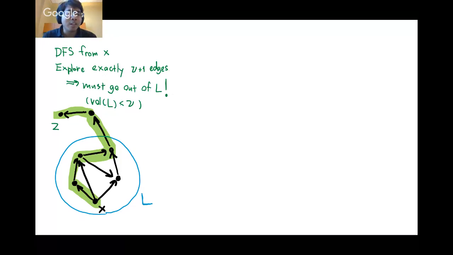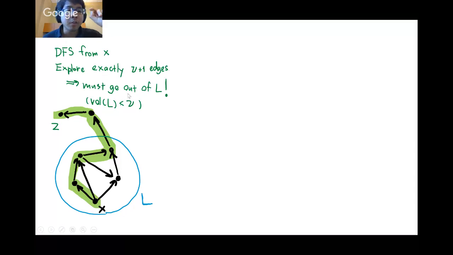When the situation is this simple, it is quite straightforward. Suppose that you just do some search, like depth first search or breadth first search from X, and suppose that you explore exactly ν plus one edges, so more than ν edges.